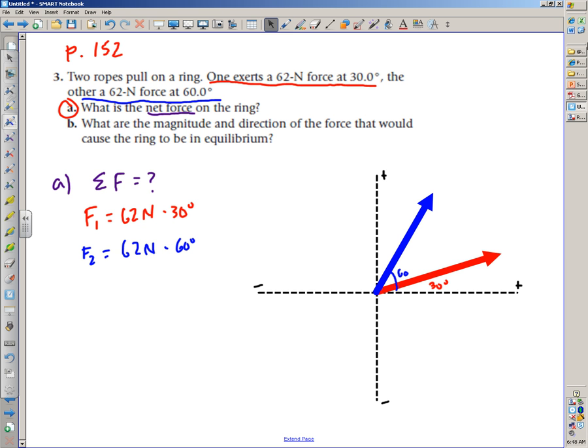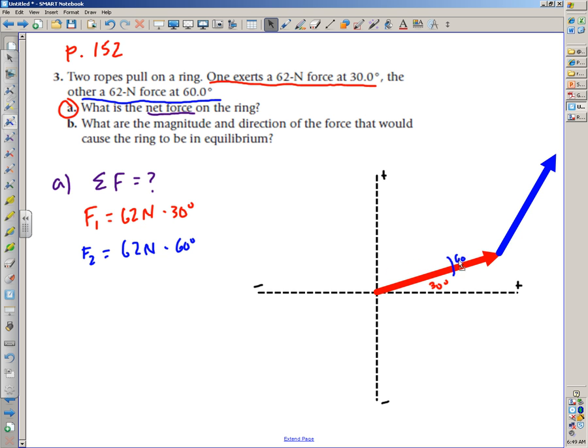So, mechanically, this is what we do. Okay? Regardless of how you do it, we're going to set our vectors up in a sequential order. It doesn't matter which one comes first or which one comes second, but we line them up so that we start with one vector. I'm going to start with this red vector. And then the second vector is going to start where that first vector ended. So I'm just going to put it just like this.